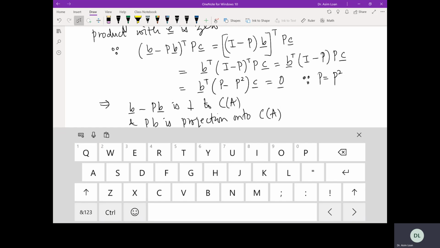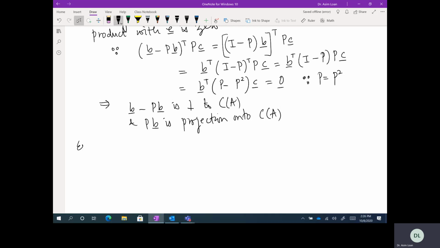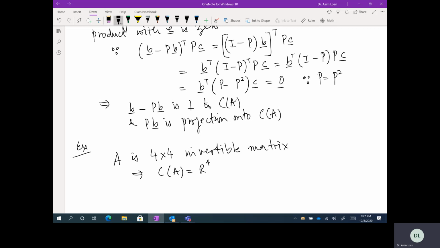Okay, the last example. A is a 4 by 4 invertible matrix. This implies the column space of A is the entire R4.